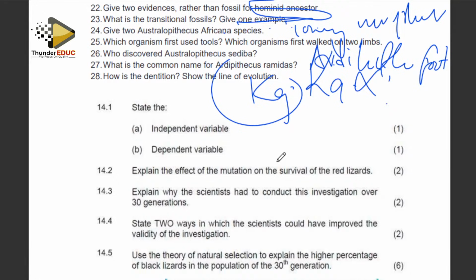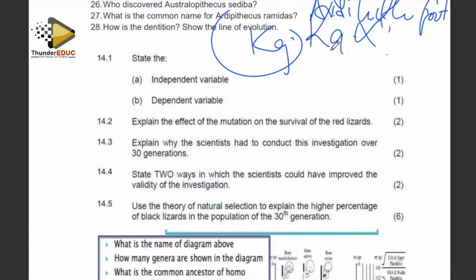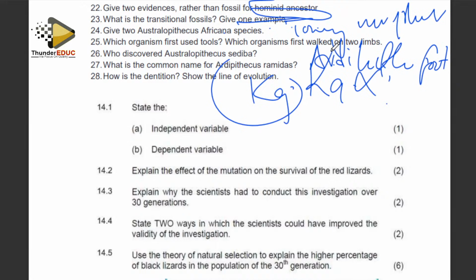How does dentition show the line of evolution? It means that if you have big or large canines, it indicates that you are feeding on raw, tough food. So your brain had not yet developed to know how to make this food soft.